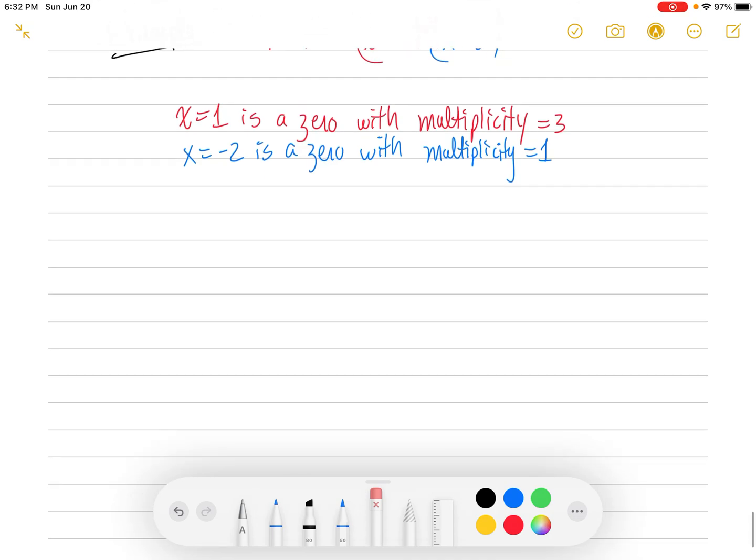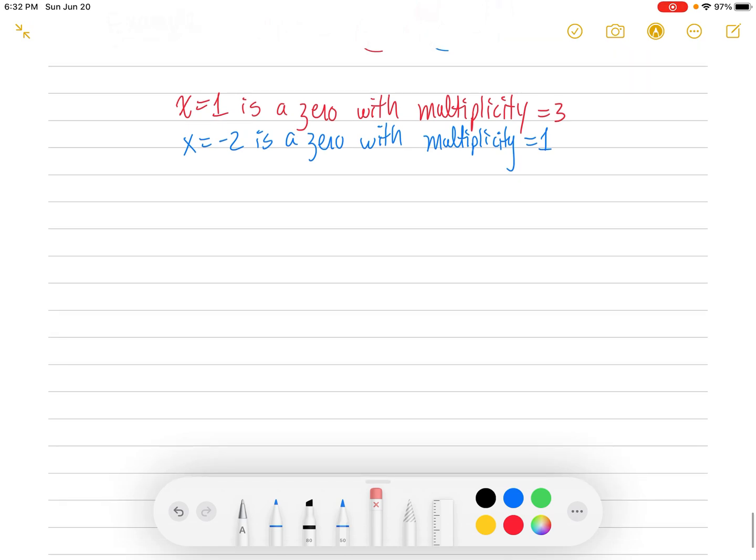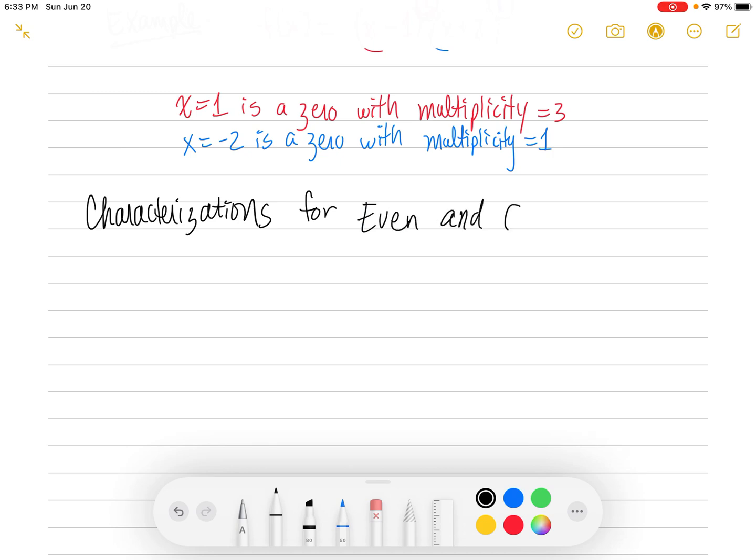They're going to determine how the graph behaves at the x-intercepts. So we're going to write that down here. We're going to talk about characterizations. This is basically a theorem, characterizations for even and odd multiplicities.